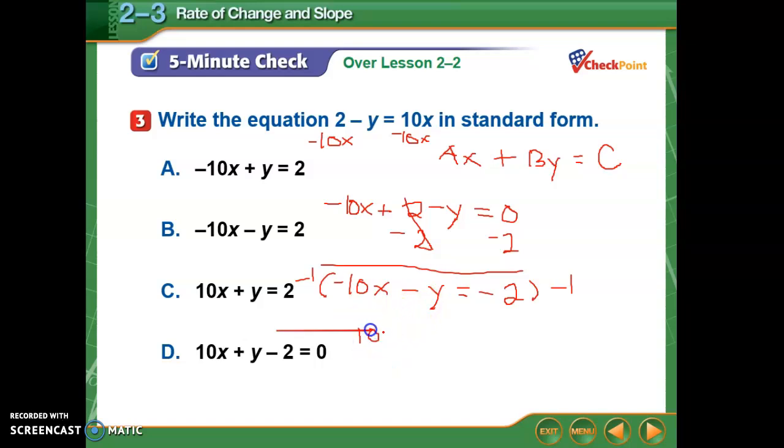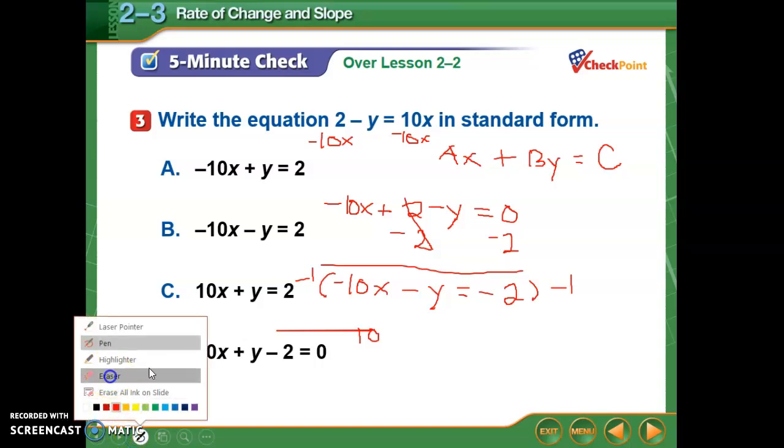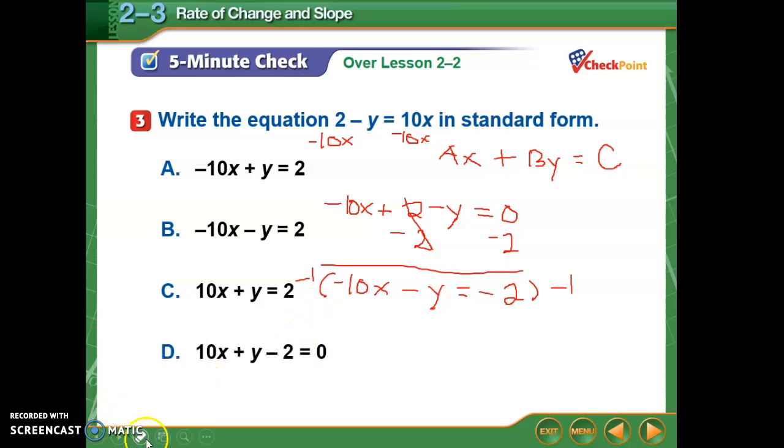That will give you 10x plus y equals positive 2. So this will be our final equation: 10x plus y equals 2.